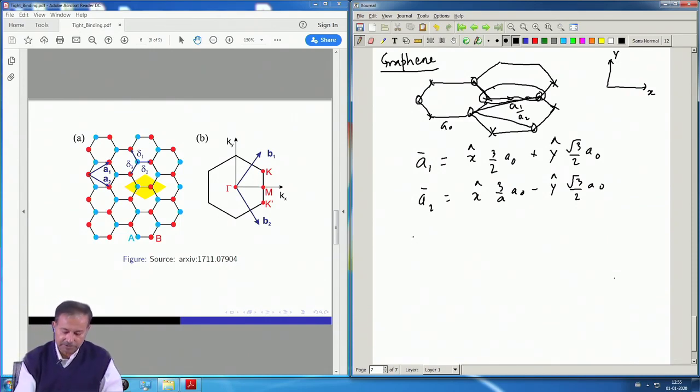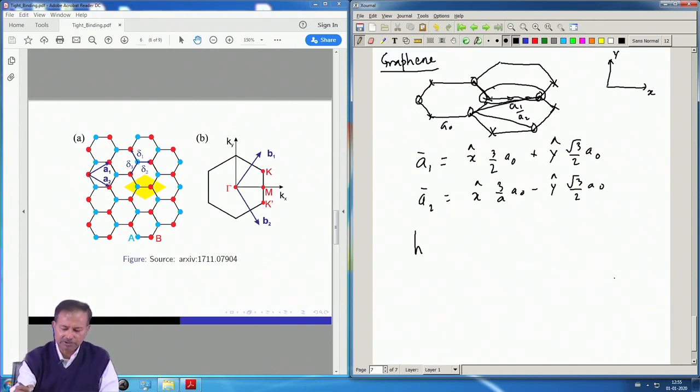Then we have this Hamiltonian matrix, which is very simple. Here remember that the hoppings t1 and t2 are taken to be the same.